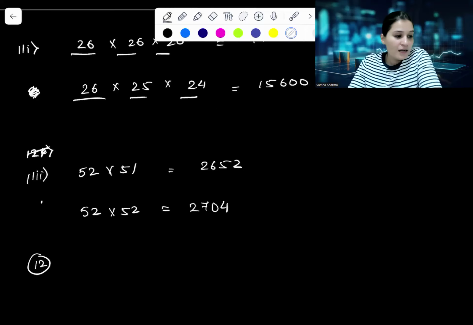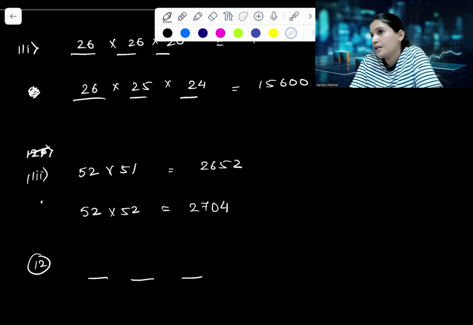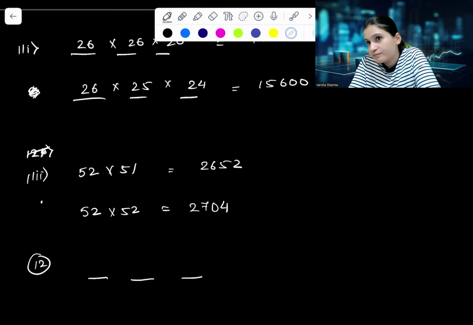12. A number lock on a suitcase has 3 wheels. Usually, if I had not read the other parts of the question, the first place could be filled by 0, since I don't want a 3-digit number. We have lock combinations like 0, 1, 2 or 0, 0, 0, and all the digits can also be the same.